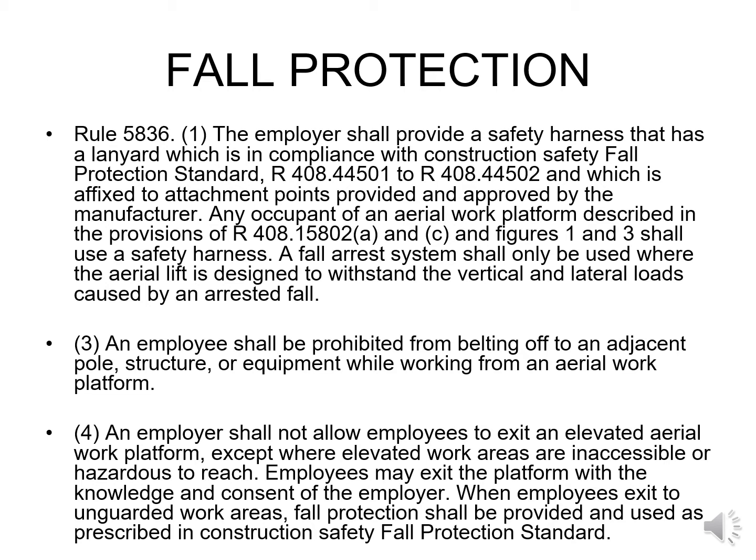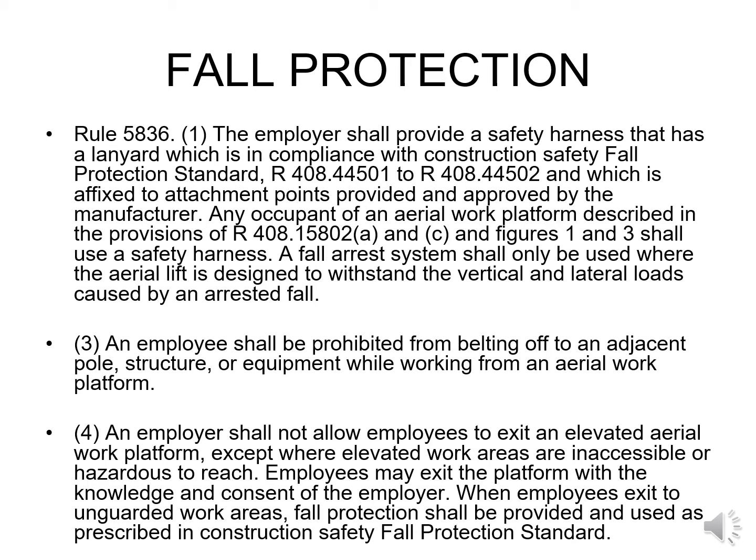A fall arrest system shall only be used where the aerial lift is designed to withstand the vertical and lateral loads caused by an arrested fall. 3. An employer shall be prohibited from belting off to an adjacent pole, structure, or equipment while working from an aerial work platform. 4.